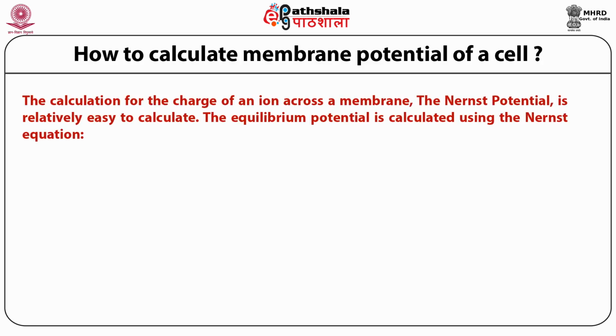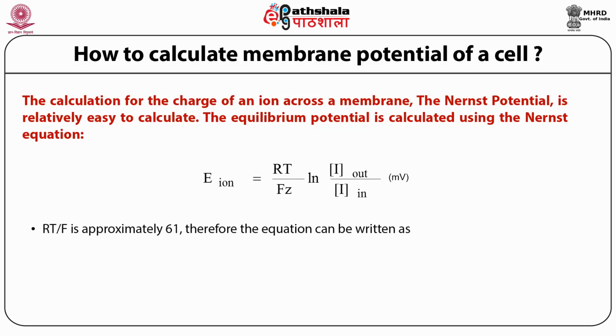The calculation for the charge of an ion across the membrane, the Nernst potential, is relatively easy to calculate. The equilibrium potential is calculated using the Nernst equation, which is given below. E ion, where E is the potential and ion is the ion for which the concentration or the potential is to be calculated, and where RT by F is approximately 61.